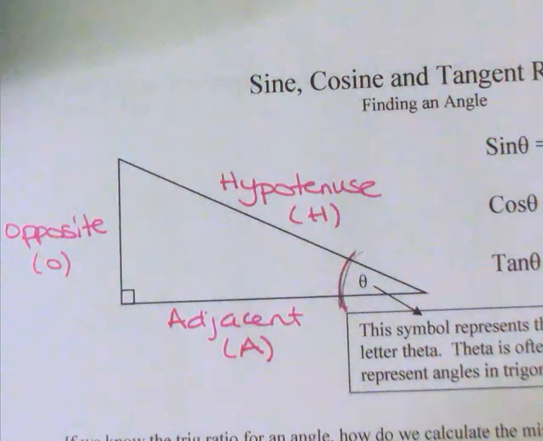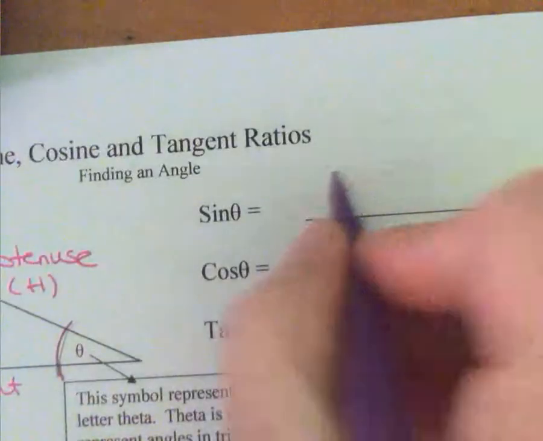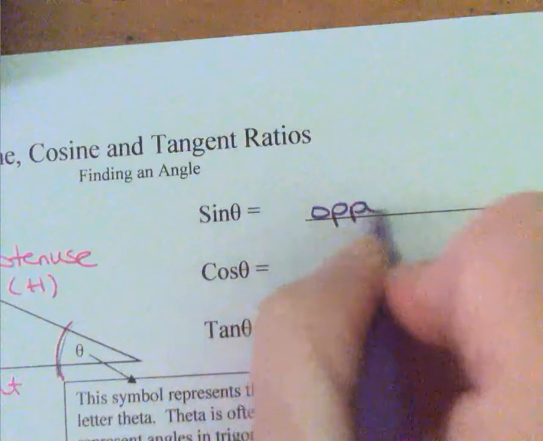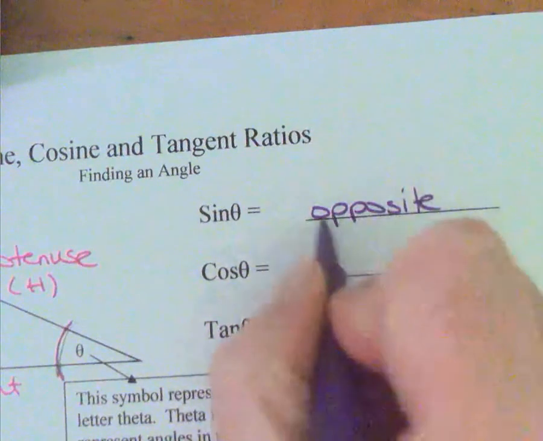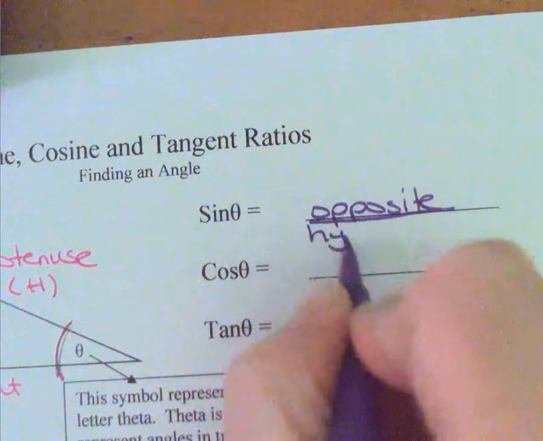My sine ratio will be opposite divided by the hypotenuse.